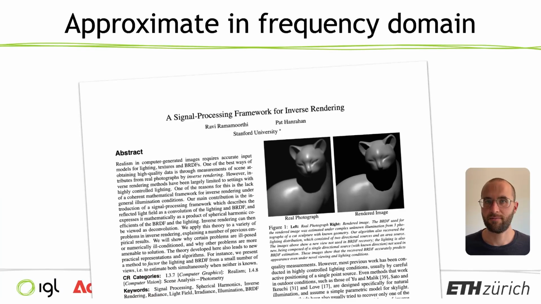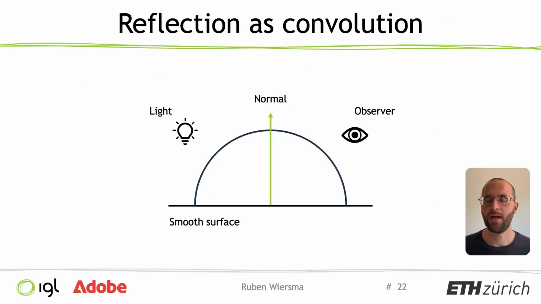This follows a model developed by Ramamoorthi and Hanrahan, who observed that the scattering of light from a surface can be approximated as a convolution of the BRDF with the incoming light. Here's the intuition. Say you have a light source, and the light rays hit the mirror-like surface and go into the angle of reflection.